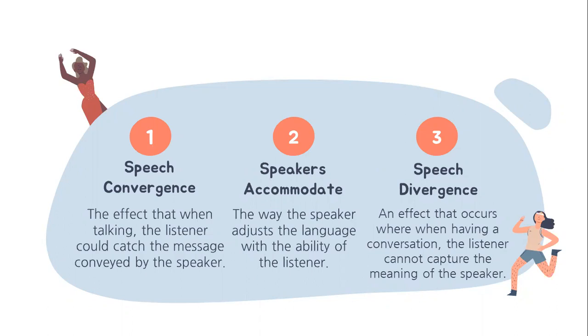For example, when Chelsea, as a speaker, talks to Nurul as a listener about Titanic, if Chelsea or Nurul only have the concept of Titanic, so when talking about Titanic, there will be no convergence. The second is speakers accommodate. Speakers accommodate is the way the speaker adjusts the language with the ability of the listener, so that the intended meaning can be received by the listener and there is no miscommunication in the conversation.